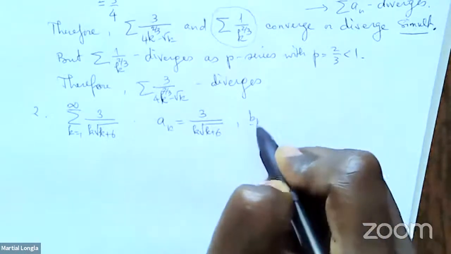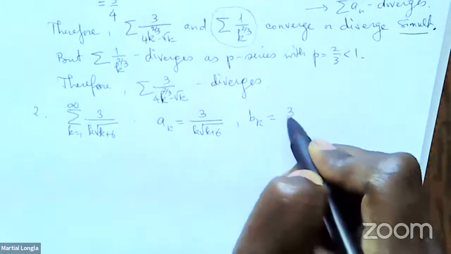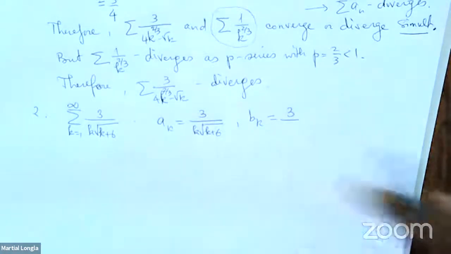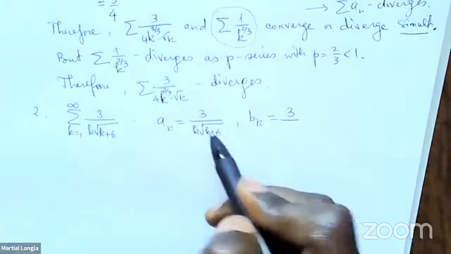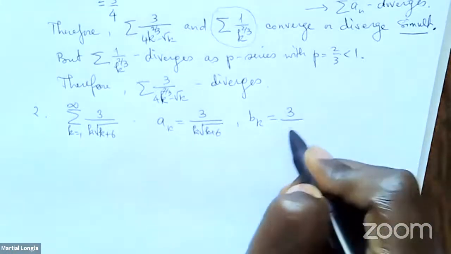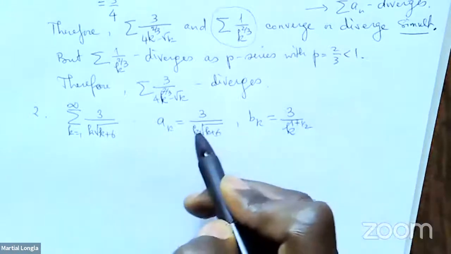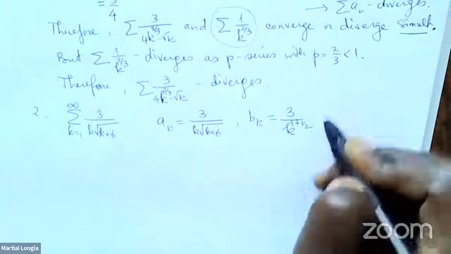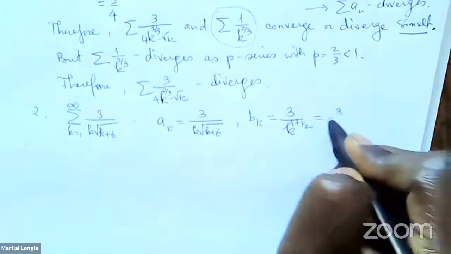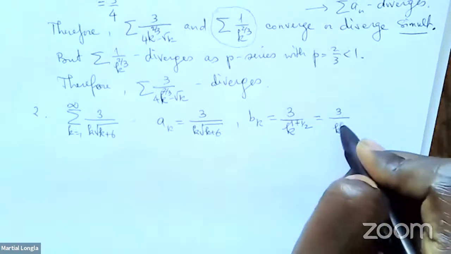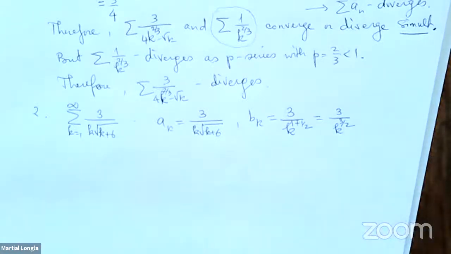You build your b_k taking all the highest powers of k. 3 is there. k to the power 1 plus 1 half: 1 here, 1 half from the square root inside. So that's 3 over k^(3/2).